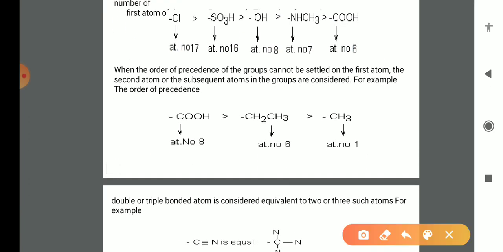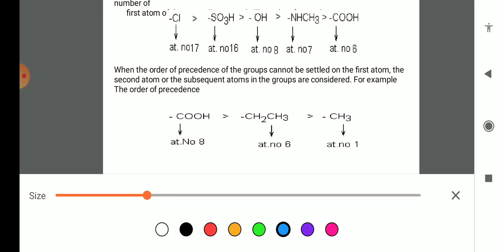Now if the same atoms are present, what will the priority rule be? Here the first atom is a carbon, also here is a carbon, and also here is a carbon. So which group has the higher priority? When the first atom is the same, we consider the second atom and its atomic number.